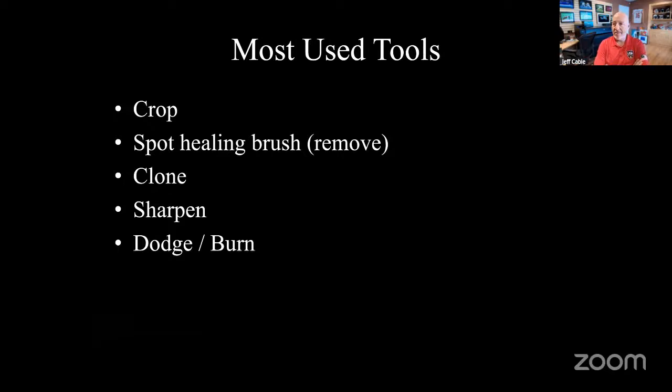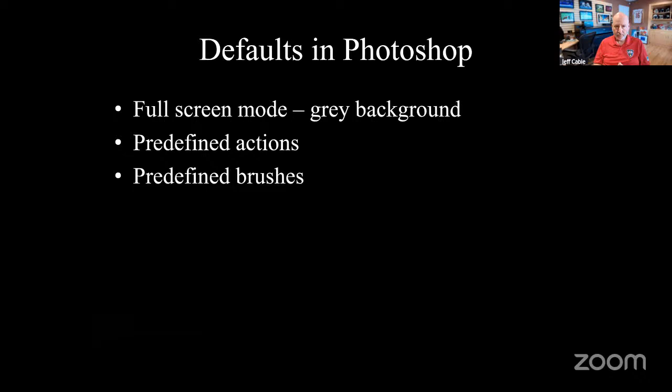This is probably my most used tool of anything I use inside of Photoshop. And that's why I thought, boy, we need to do a refresh on that old presentation. The cloning tool I still use occasionally, although I rely more on the spot healing brush now than anything. Sharpen tool, dodge and burn, either lightening or darkening parts of an image. So I'm going to show you all this as we move forward in the photos here.